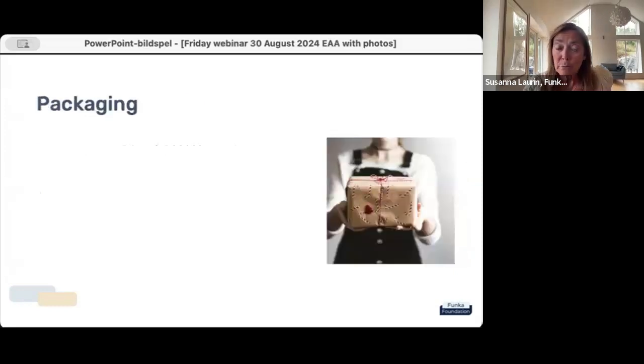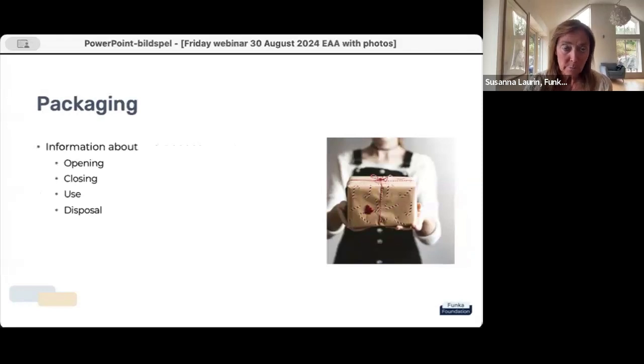Another kind of forgotten part of this legislation is the packaging of products, where the packaging in itself needs to be accessible. Also, the information about how to open, close, use, or dispose of the product needs to be provided in an accessible format.